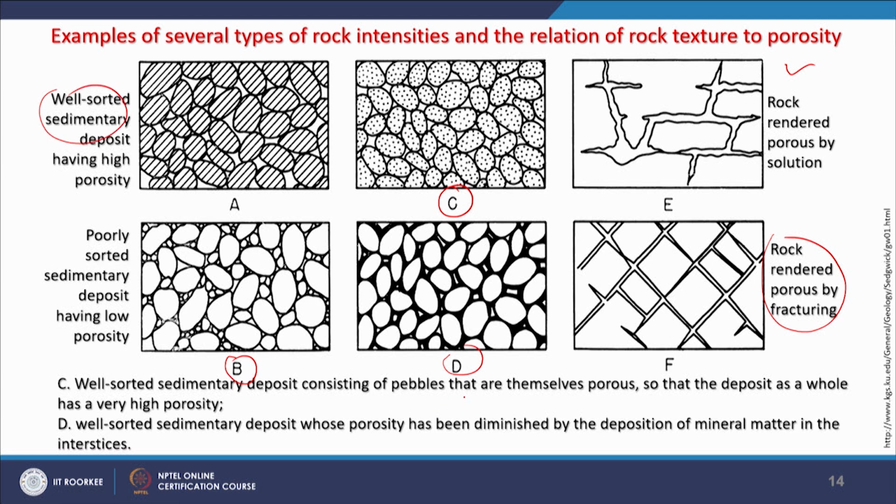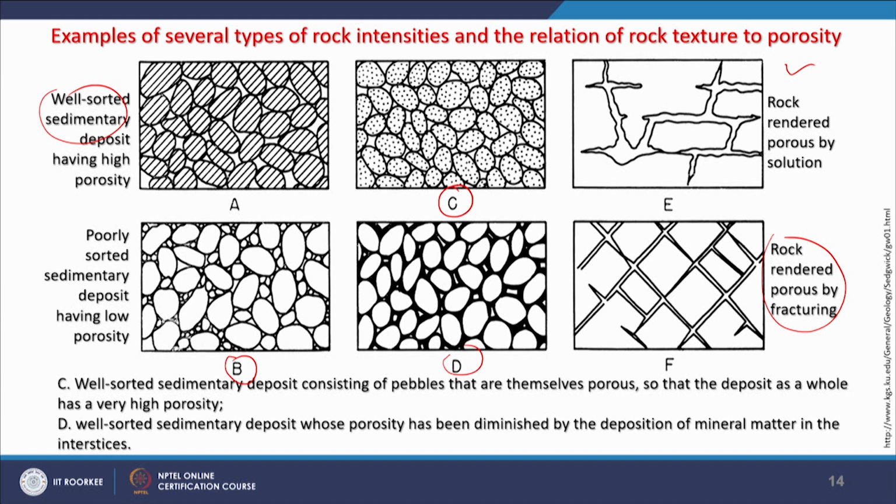Deposits consist of pebbles that are themselves porous, so the deposit has a high porosity. This is another very important thing, because if you have large grains, well sorted material, the grains themselves may be coming from sedimentary origin or sedimentary rocks.